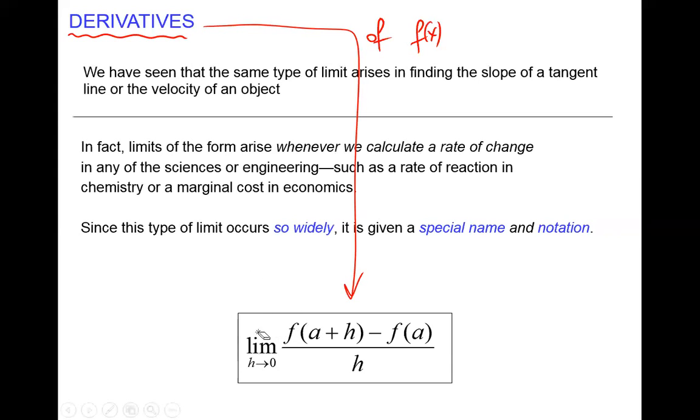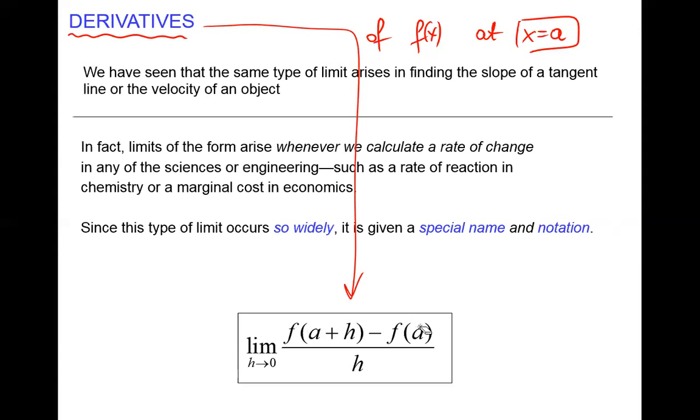Like we had 3 over x, we had x squared, a function f of x, and at this point, just at one point, the point a, because we know it's the point of tangency, or maybe the point in time at which we would like to check the velocity or any other rate of change.